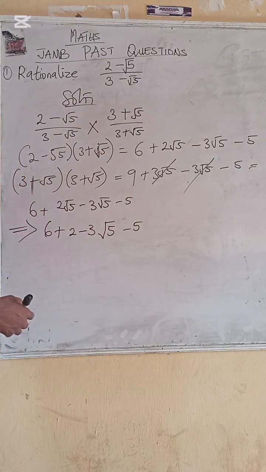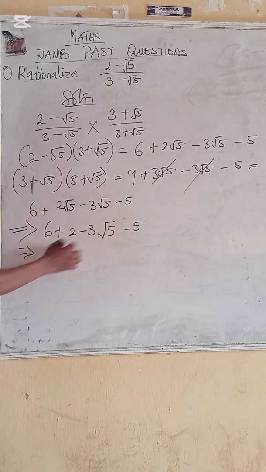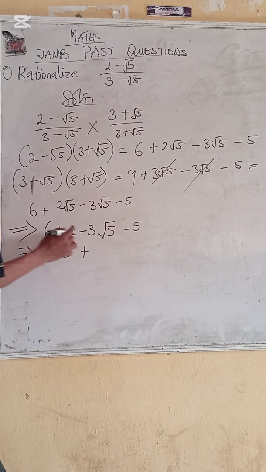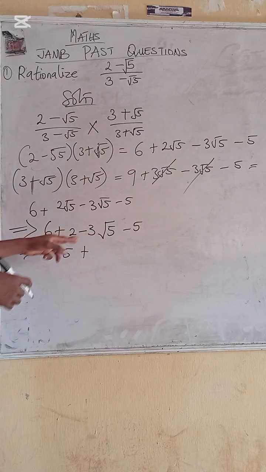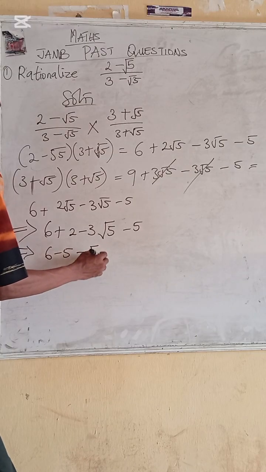Let's bring these two over here. We have 6 minus 5, which will give us 1, plus 2 minus 3 root 5, which gives minus 1 root 5. We don't need to write the 1, so we should have minus root 5.